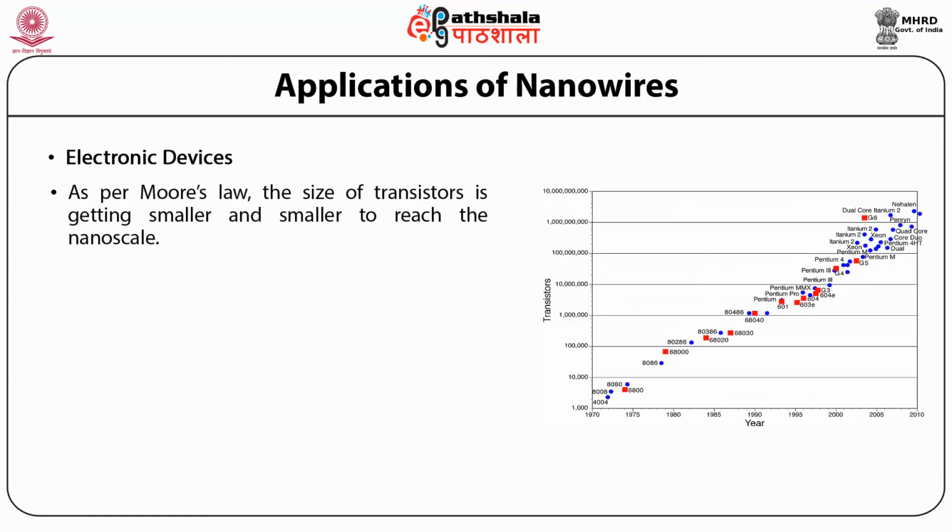As per Moore's law, the size of transistors is getting smaller and smaller as shown in this figure. However, a major challenge for nanoscale transistors is achieving high gate control over the channel.